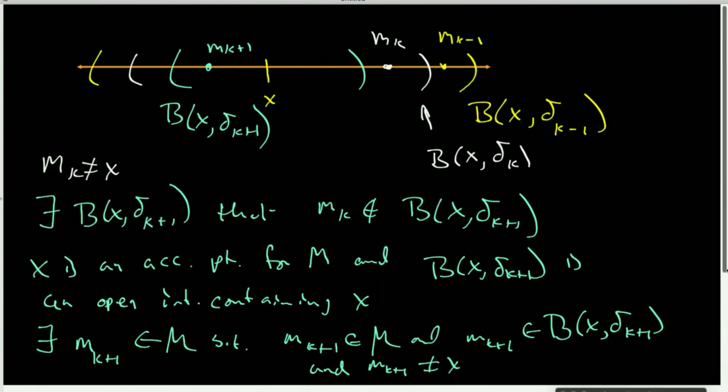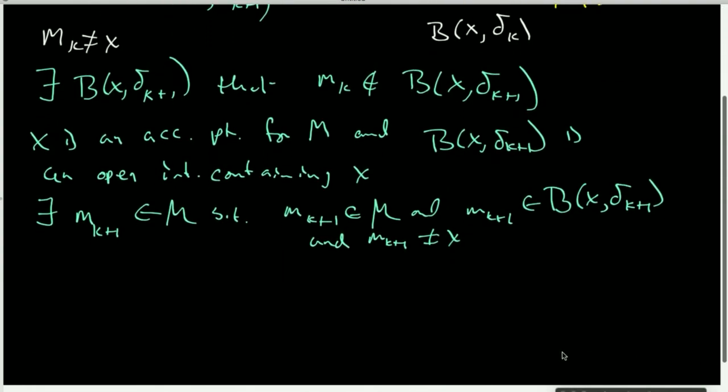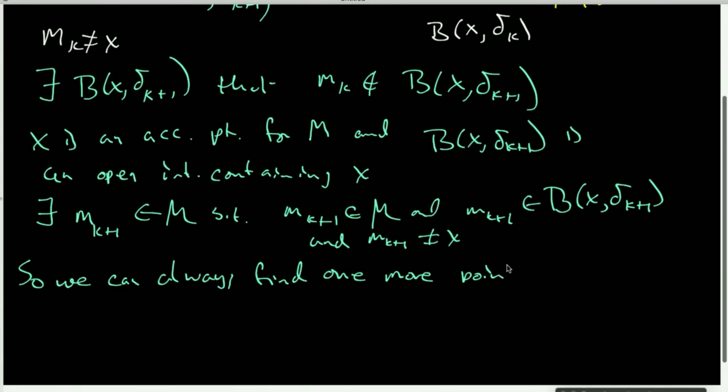So what this means is that we can always find one more point inside set M in the next smaller delta ball centered at x.